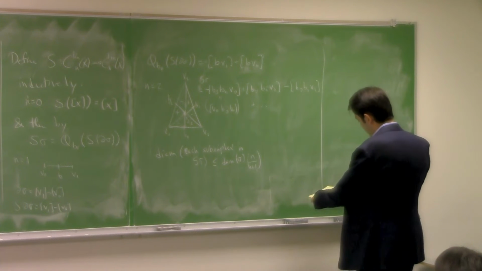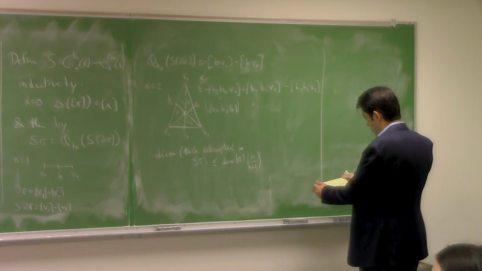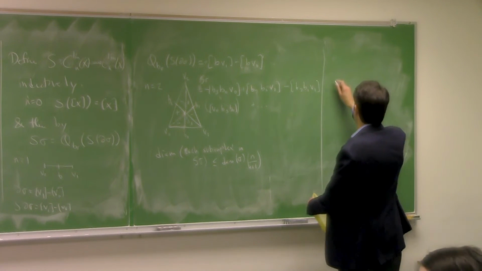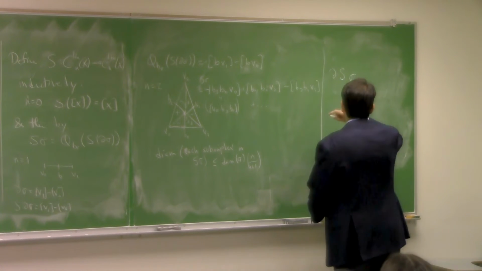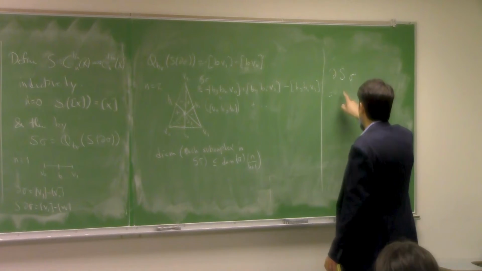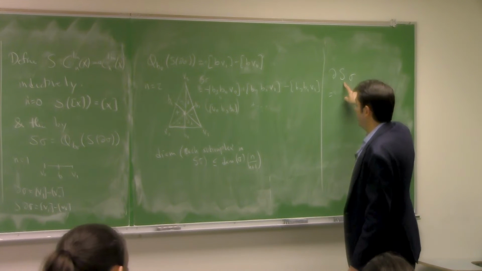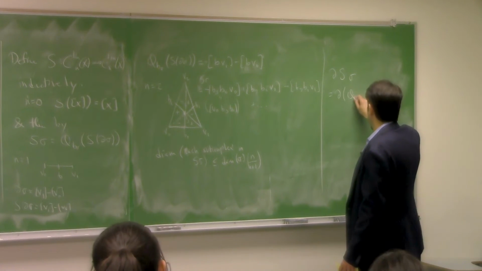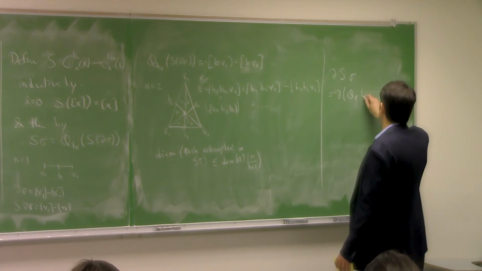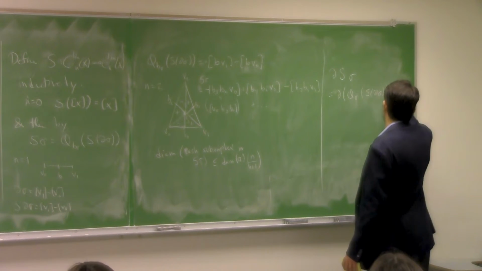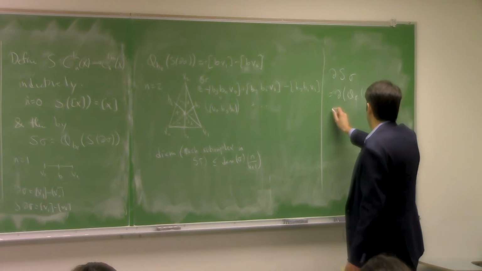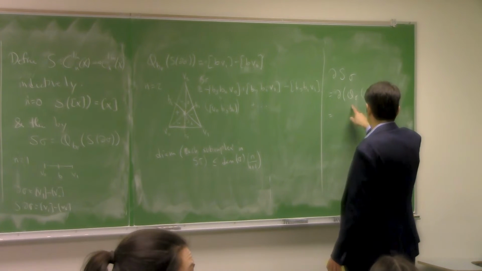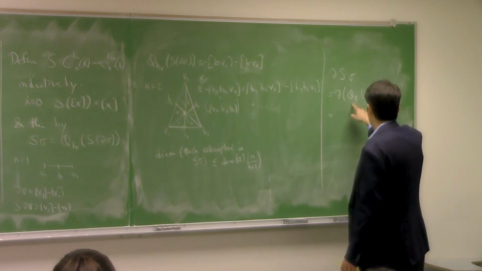But an important thing to note is what happens when you hit it with the boundary. Well, that's equal to the boundary of Q sigma S of the boundary of sigma. So we know what happens when you hit the boundary.